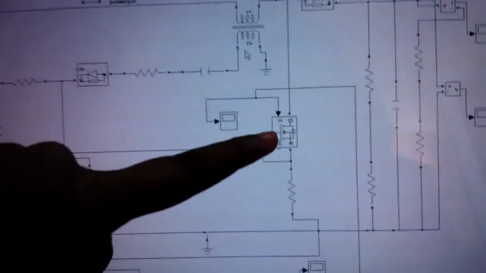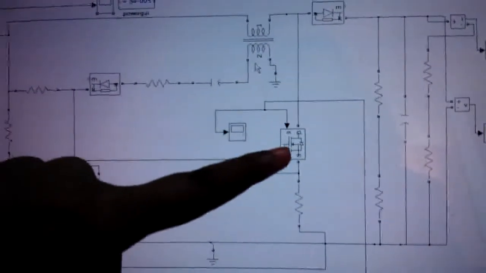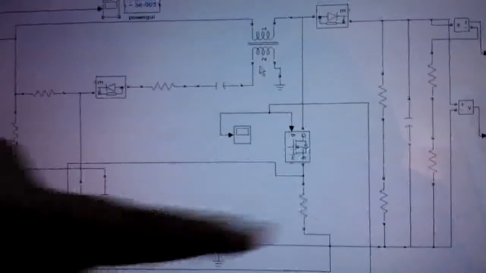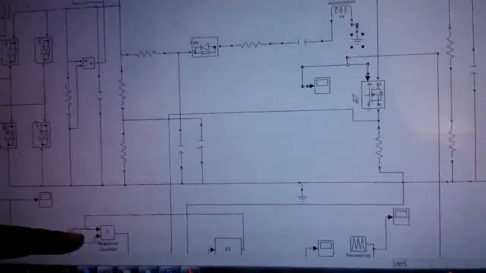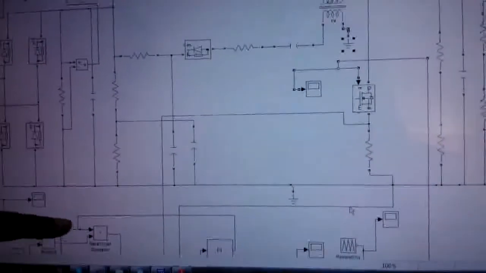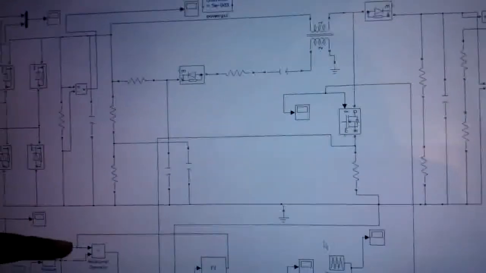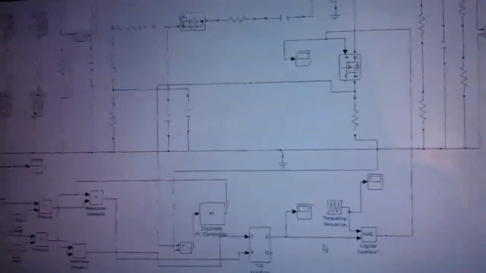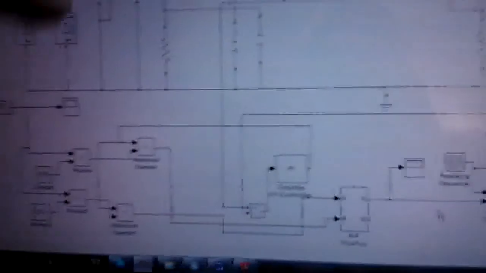This IRF840 MOSFET is switched on using this IC implementation. As in MATLAB simulation, we don't have a direct IC which is used to switch on this MOSFET.